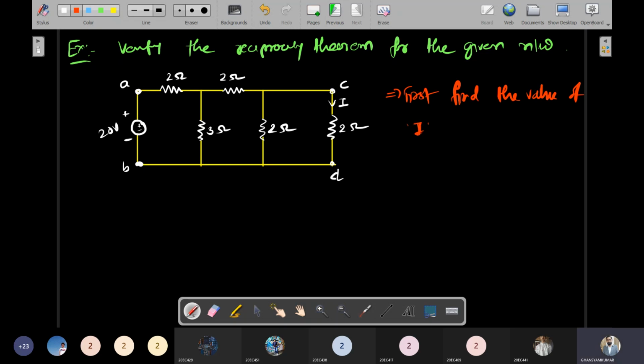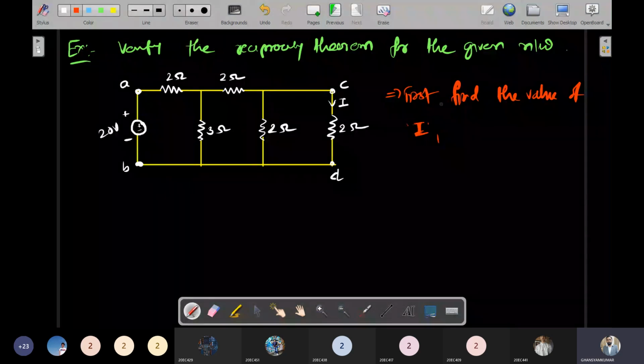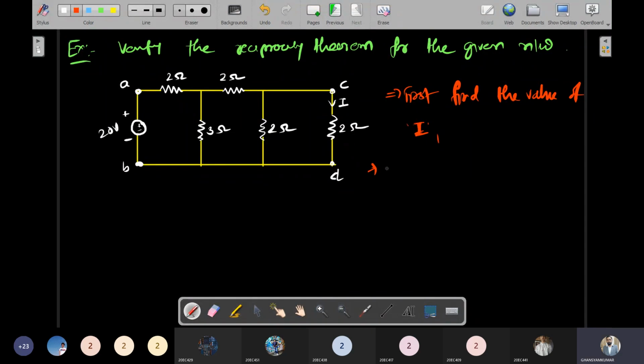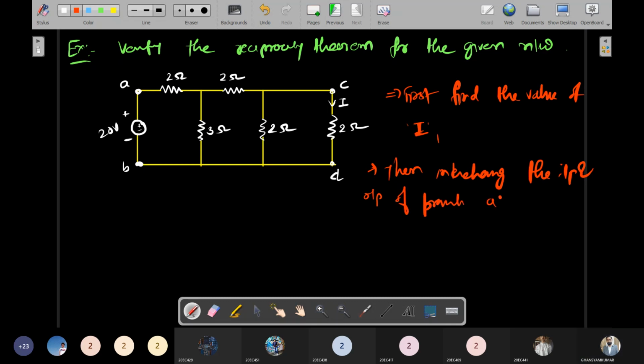You can use mesh analysis, loop analysis, nodal analysis, whatever you wish, but find the value of I first. Then interchange the input and output of branch AB and CD.